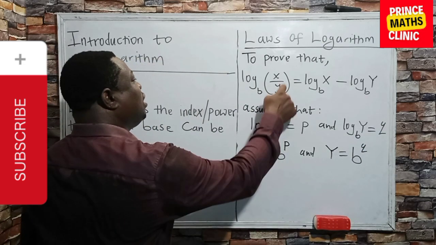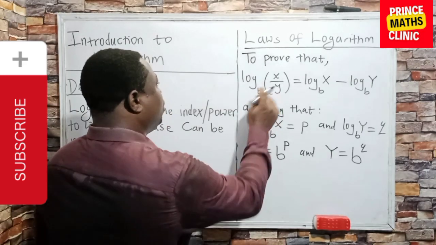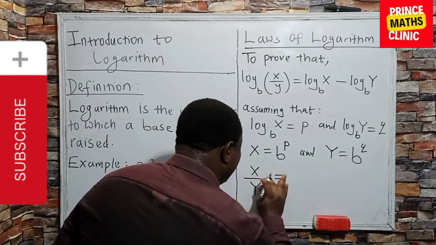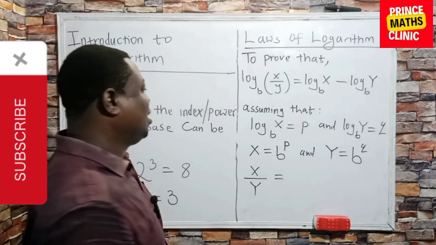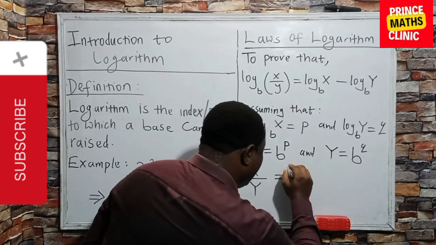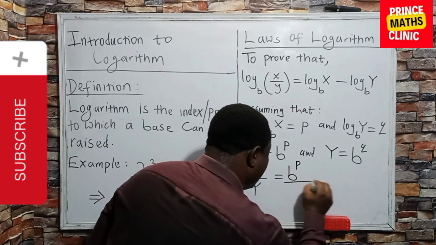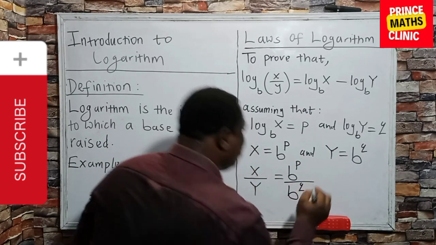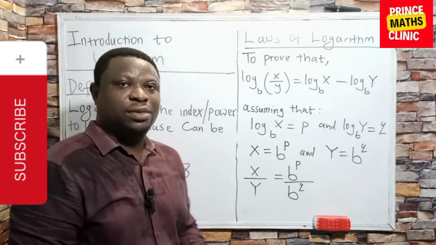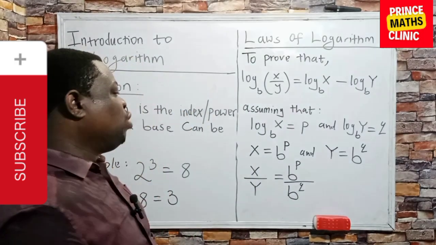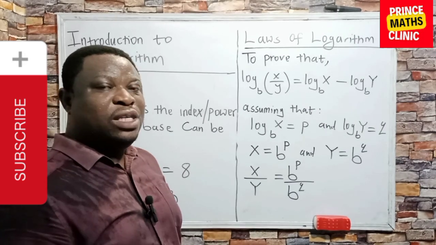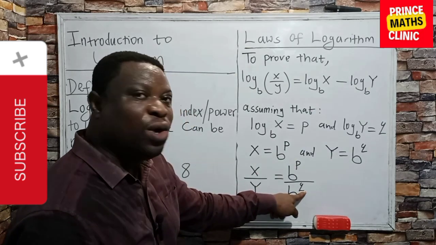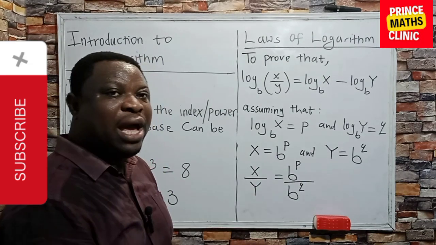And since the law here is about division, you can now say x over y equal to, now what is x? x is simply b to the power of p. And what is y? y is simply b to the power of q. Interesting. And we know from the laws of indices that once the bases are the same, you can subtract the power in the denominator from the power of the numerator.